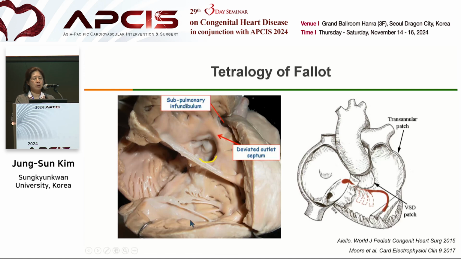In general, the conduction system in TOF follows the anatomic rule noted previously for isolated VSD. In the majority of cases of TOF, the VSD is perimembranous, so the AV node is present in the normal position, and the atrioventricular bundle is positioned on the left ventricular aspect of the defect border.